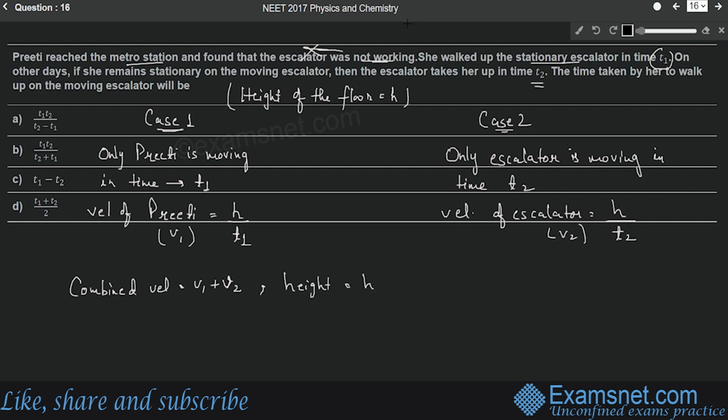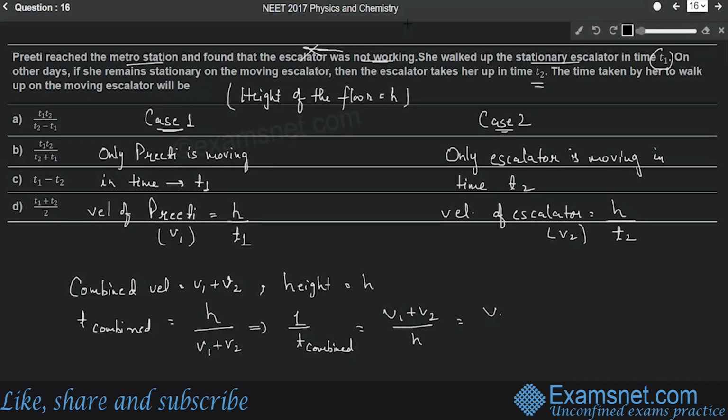So what will be the combined time? The total time taken in this case will be equal to the total height, that is h, upon the total speed, that is v1 plus v2. Now in order to get a common denominator, we can find 1 by t first. 1 by t combined will be equal to v1 plus v2 upon h.